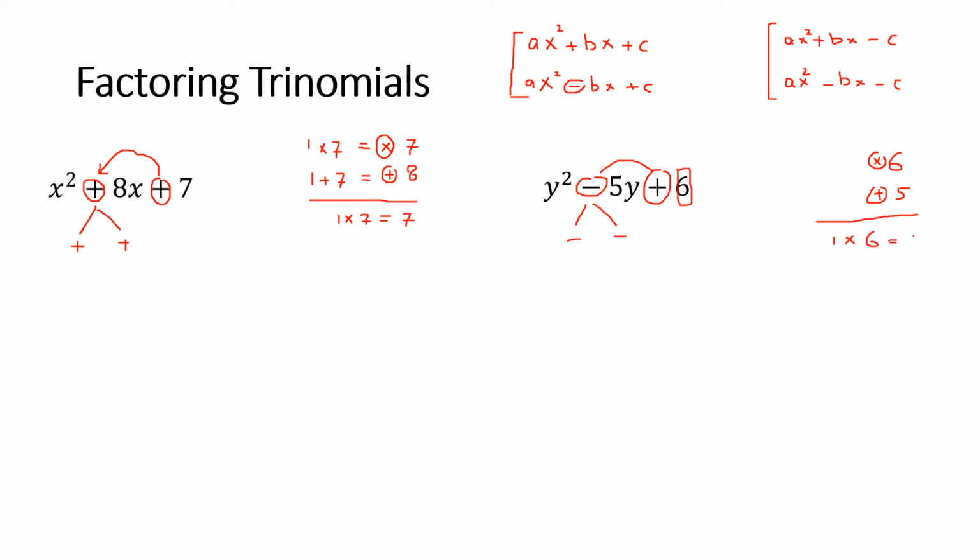So if you add 1 and 6, it comes 7. We need 5. Then 2 3s are 6. So this is the perfect case. So 2 plus 3 equals 5, and 2 multiply 3 equals 6.